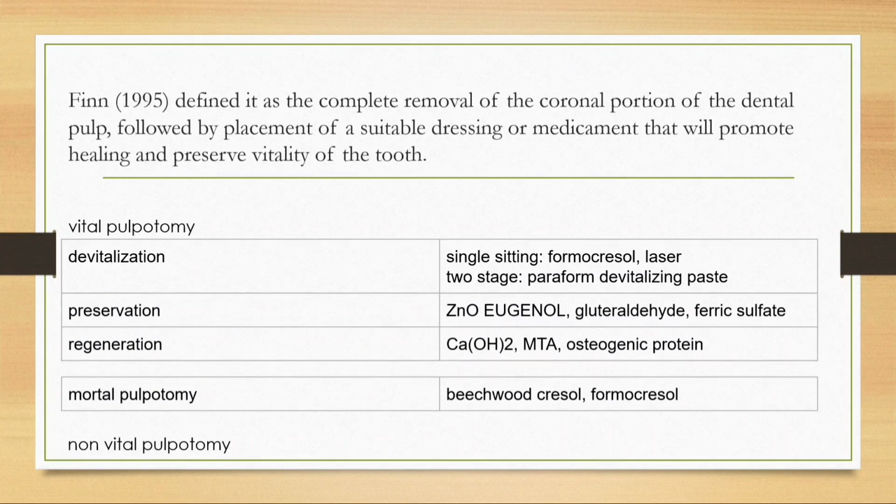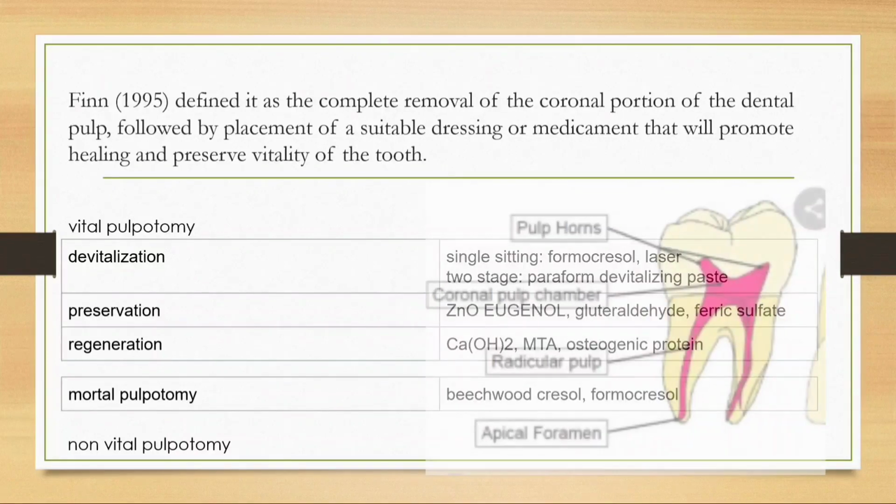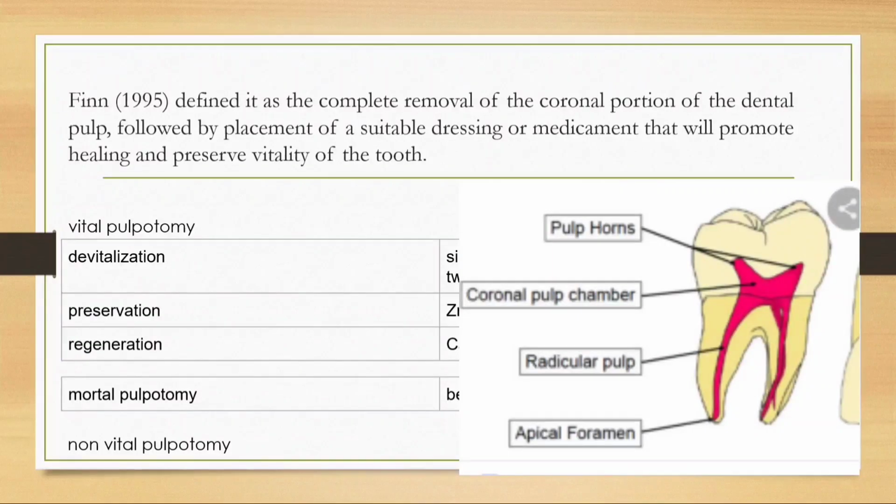So Finn defined pulpotomy as a complete removal of coronal portion. Okay, it is just removing the coronal portion of the dental pulp. So we know dental pulp has coronal portion and the radicular portion. Radicular portion is nothing but the portion of the pulp which is present within the root, and coronal portion is the one which is present within the crown.